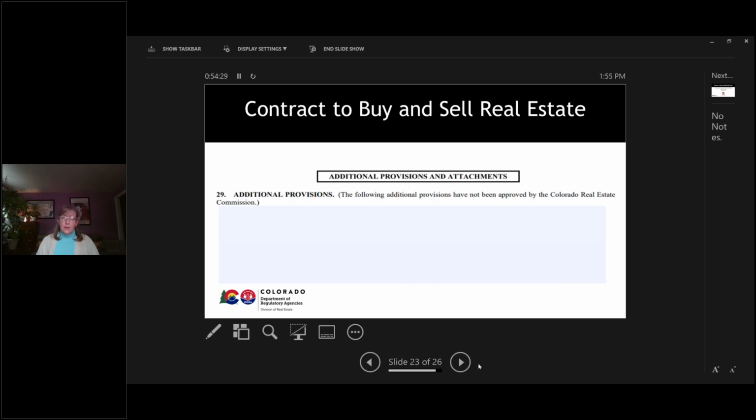Also, what we see are appraisal gap clauses, and that's where you agree to purchase a property, and if the appraisal comes in lower than the purchase price, that gap clause is typically saying that you will pay the difference.